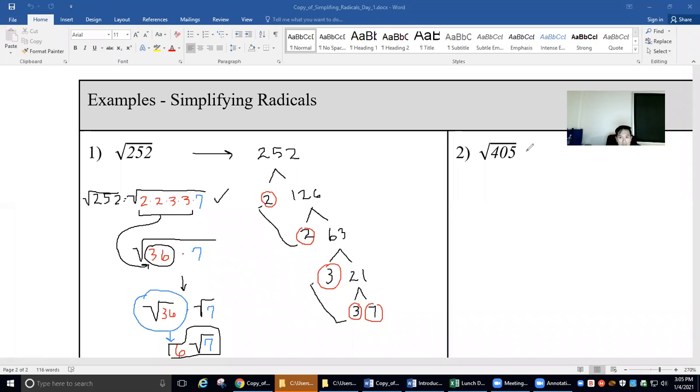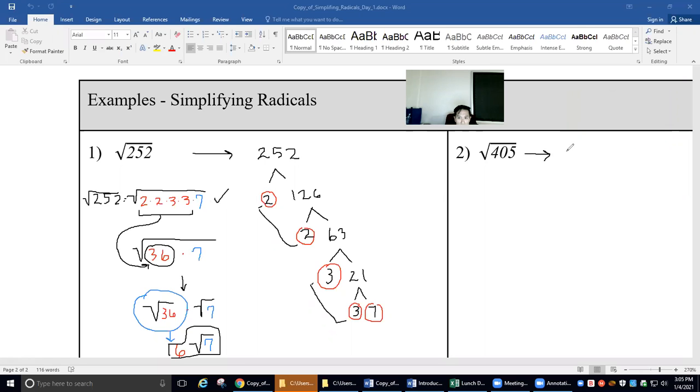So with 405, I'm going to do the exact same thing. And what you're going to see is that 405 can be split up as 81 times 5. Put that in the calculator and you can double check it. 81 times 5 gives me 405.